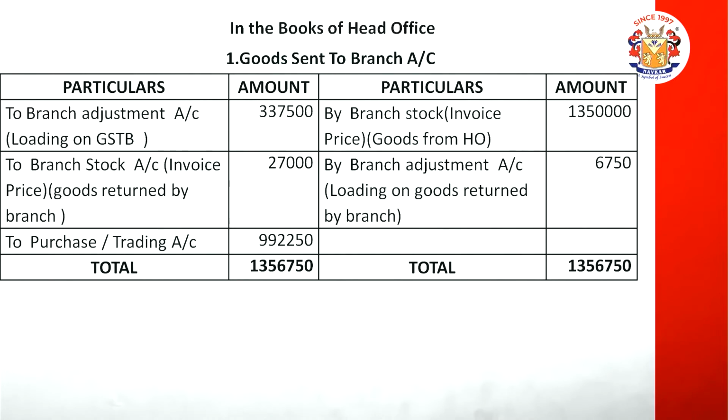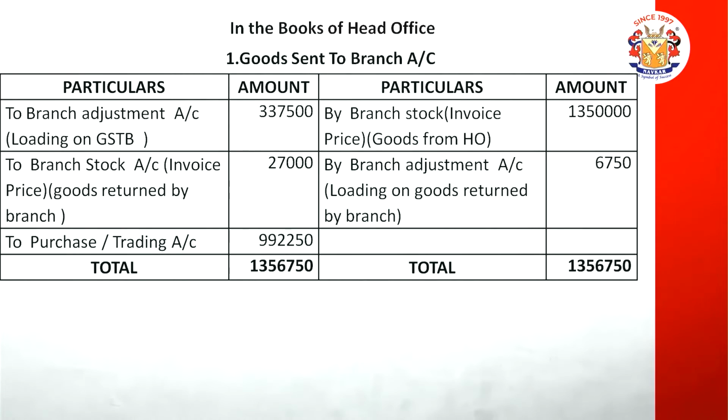I told you that goods sent to branch account shall be considered from the viewpoint of HO. Out of 13,50,000, 337500 is unrealized profit. So loading on goods sent to branch will be transferred to branch adjustment account.